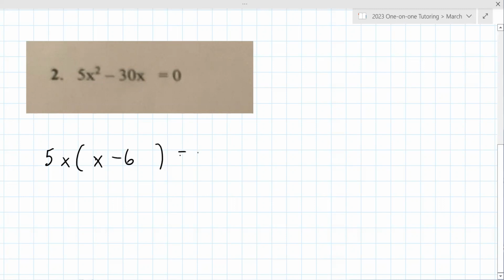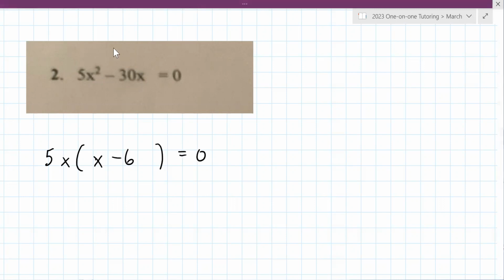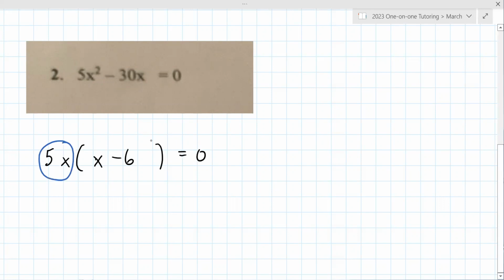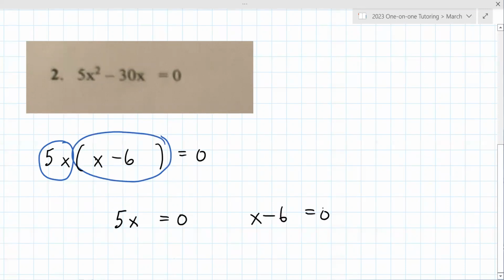Now you set each of these equal to 0. The whole thing, 5x, is a term, same with the x minus 6. So you're setting 5 times x, or 5x, equal to 0, and then x minus 6 equal to 0.